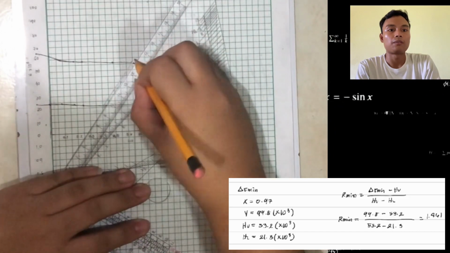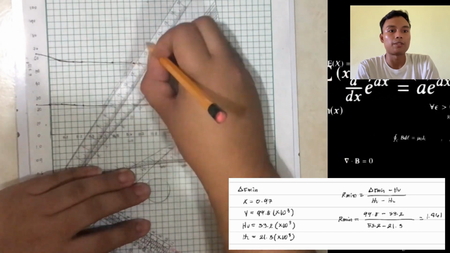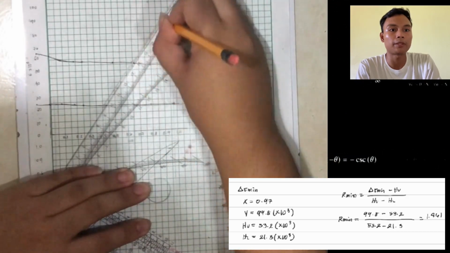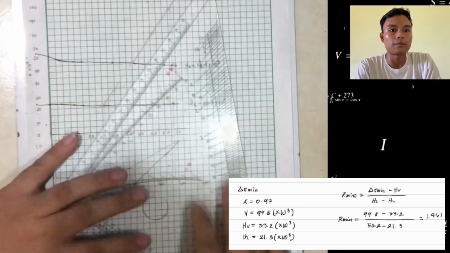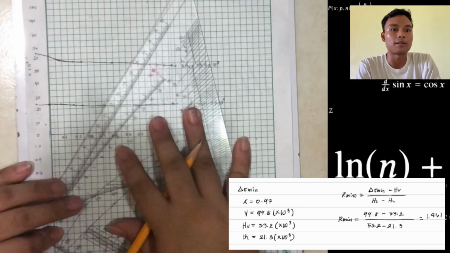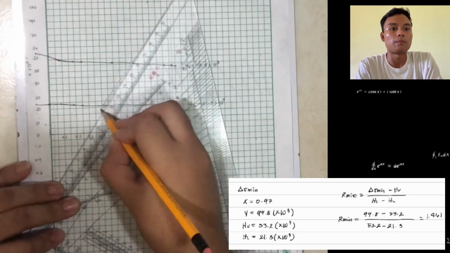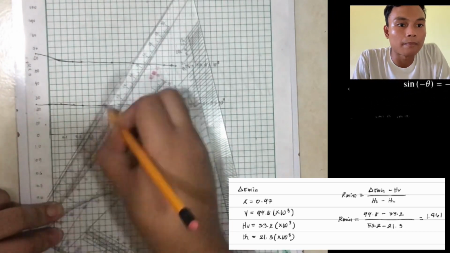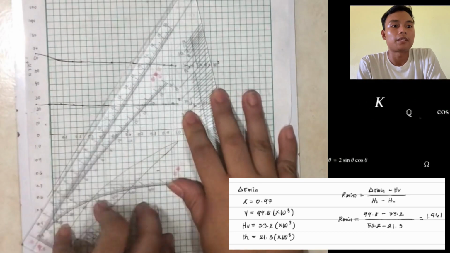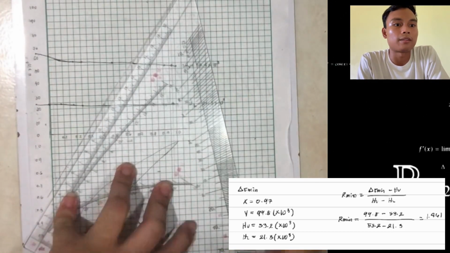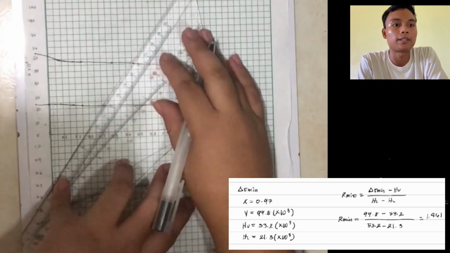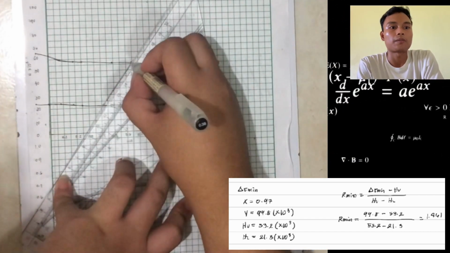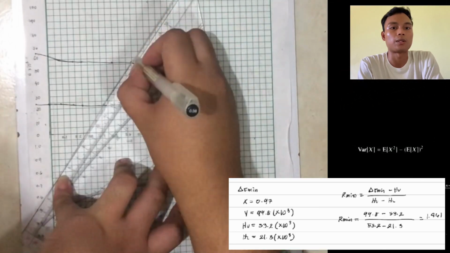And now we can solve for the minimum reflux, which is 99.8 times 10 raised to 3 minus 53.2 times 10 raised to 3, divided by 53 times 10 raised to 3 minus 21.3 times 10 raised to 3, which equals 1.461.